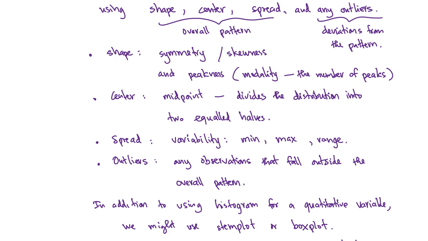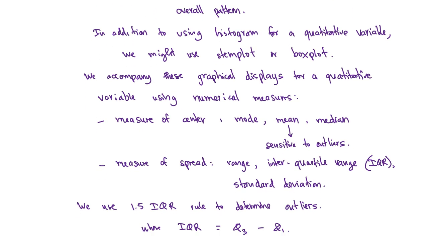In addition to using the histogram for a quantitative variable, we might use a stem plot or a box plot. We accompany these graphical displays with numerical measures. The measures of the center are the mode, the mean, and the median. The mean is very sensitive to outliers.